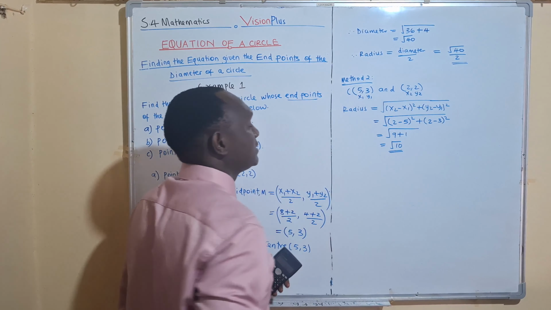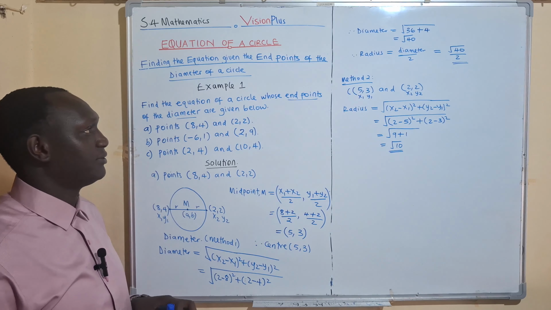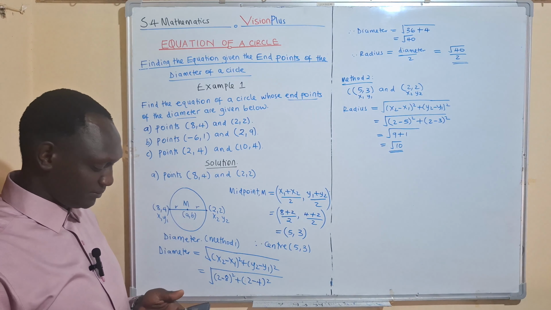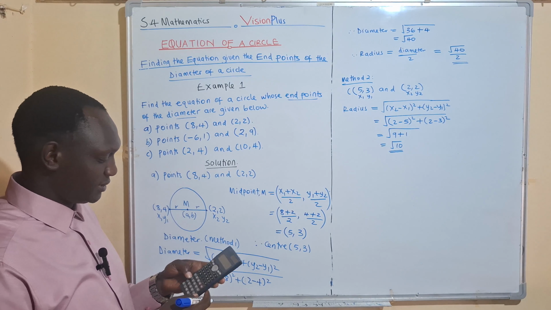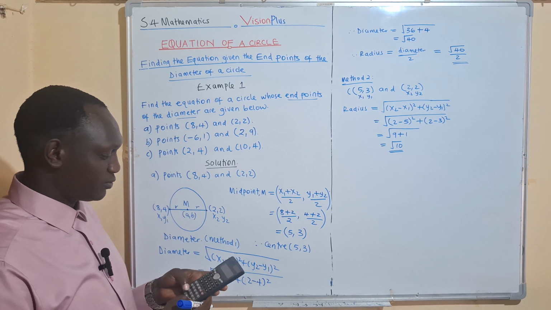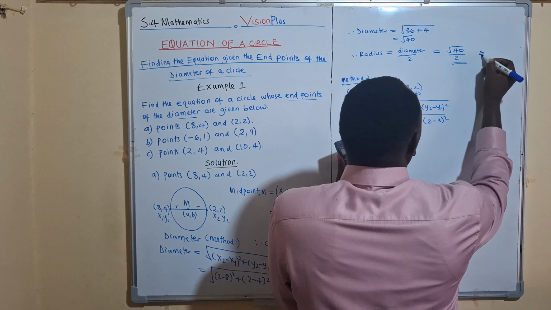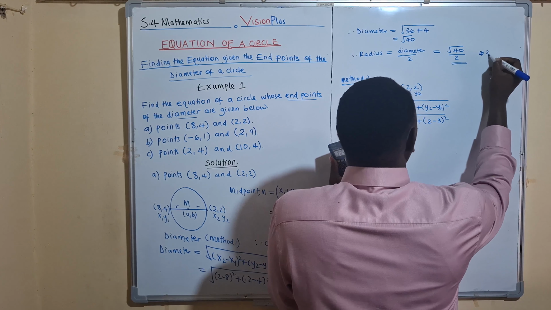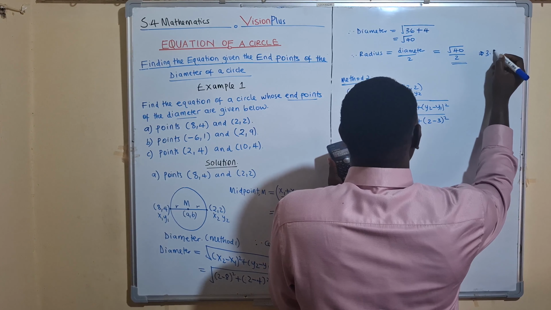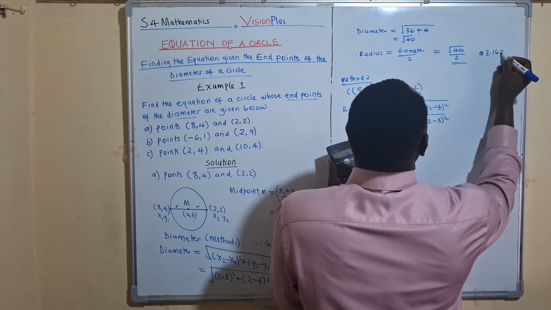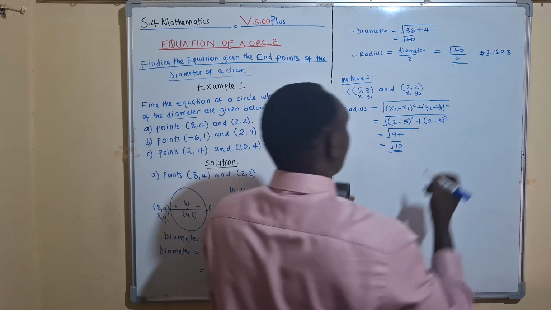These two answers are the same, okay? Because root 40 divided by 2 in decimal points, I'm getting 3.1623 to 4 decimal places.